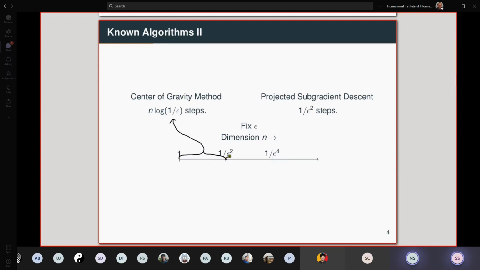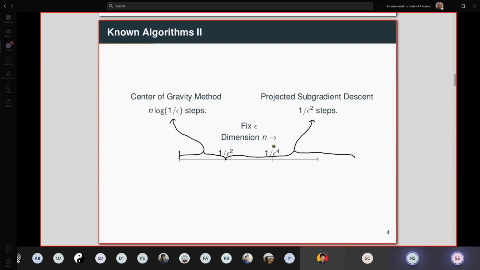And from 1 by epsilon squared onward, projected subgradient descent will be more optimal because n is larger than 1 by epsilon squared in this region. So here we have a dimension independent algorithm. It doesn't care about what your dimension is. Within 1 by epsilon squared steps, it guarantees that you've completed the task.